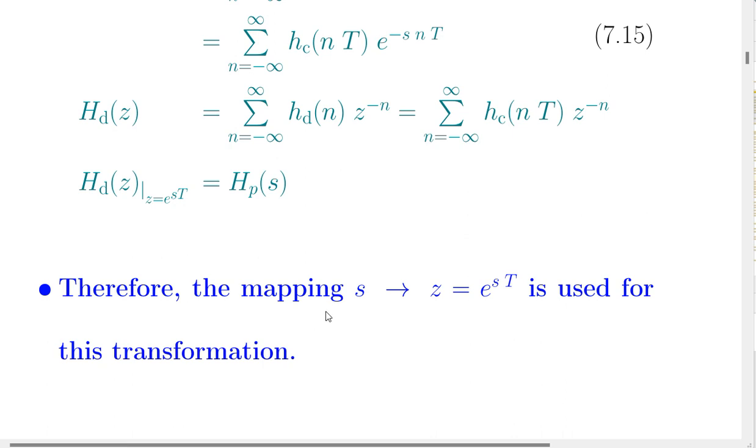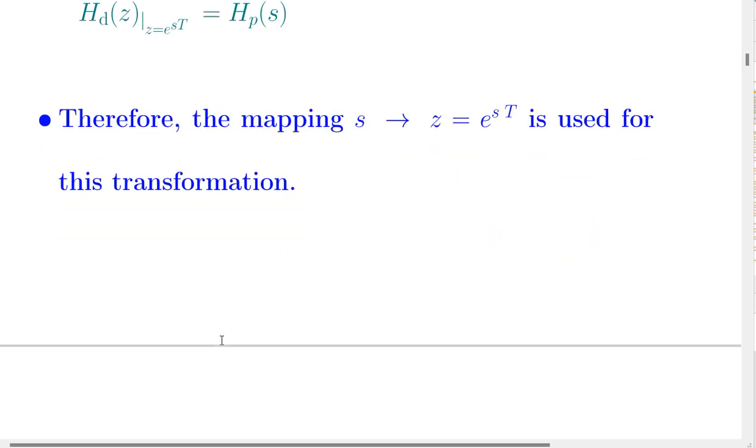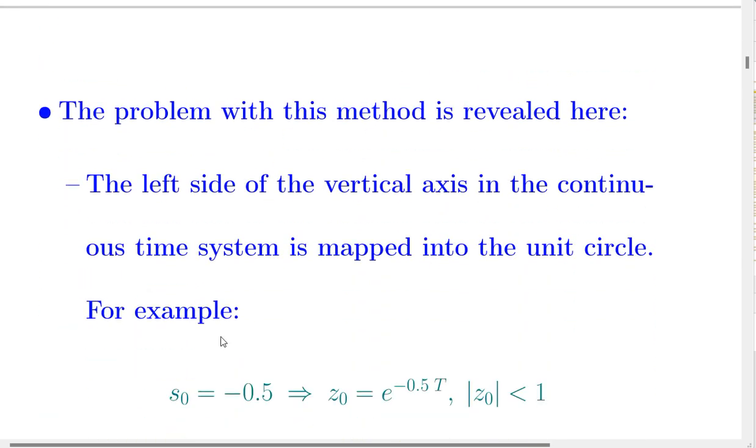Therefore, the mapping s to z, z equal to e to the power of sT, is used for this transformation. Now, the problem with this method is revealed here. The left side of the vertical axis in the continuous time system is mapped into the unit circle.